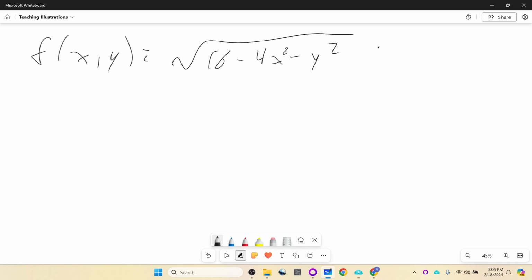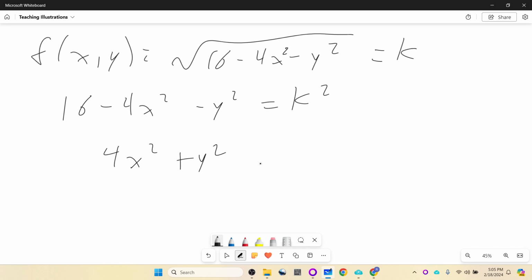So, yeah, if we set that equal to a k, then we square both sides. 16 minus 4x squared minus y squared equals k squared. And so we can get it as 4x squared plus y squared equals 16 minus k squared.